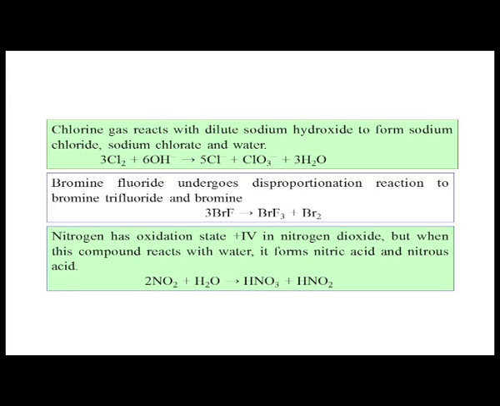When one Br is attached to one F, it can undergo a disproportionation reaction to give bromine trifluoride and elemental bromine. Here Br plus and F minus, so bromine is in an intermediate oxidation state: +1 goes to 0 in Br2 and to +3 in BrF3. This is also true for other typical interhalogen compounds.